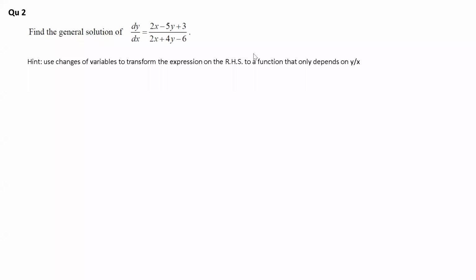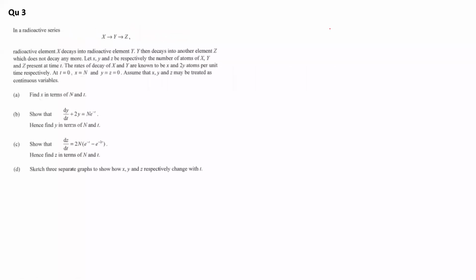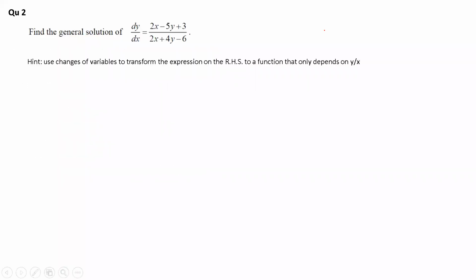The hint is that you let x be equal to a new variable x1 plus some constant alpha, and then you let y be equal to a new variable y1 plus another constant beta.